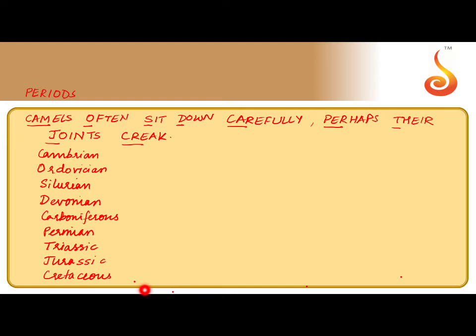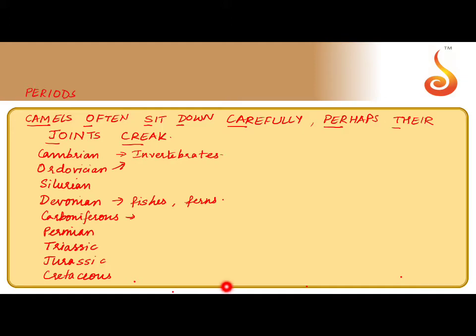So, Cambrian, here we see it was the time for invertebrates. So, Ordovician and Cambrian we see at this time as invertebrates. Devonian, if you see, in case of fishes and ferns.